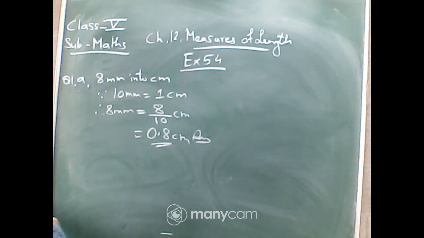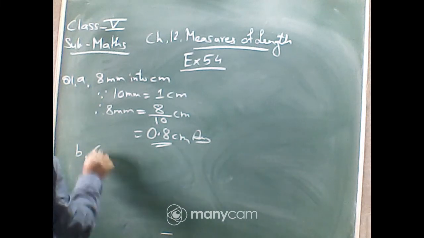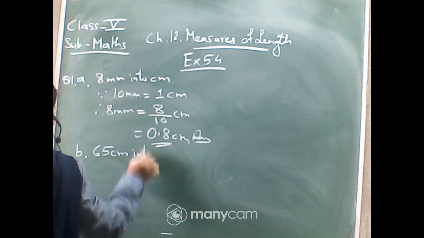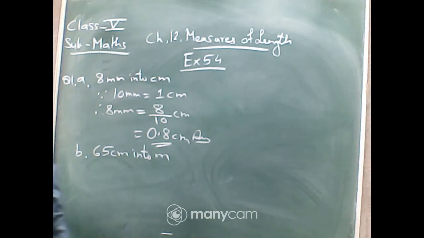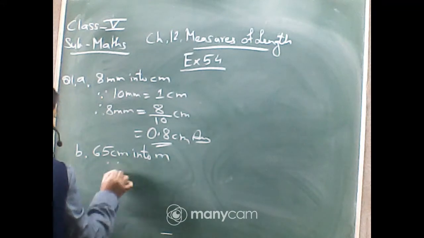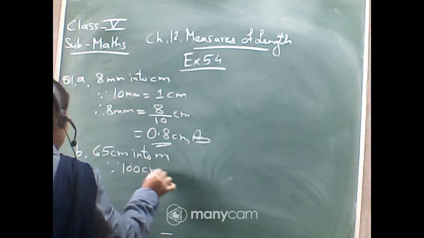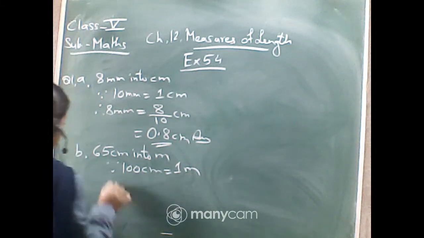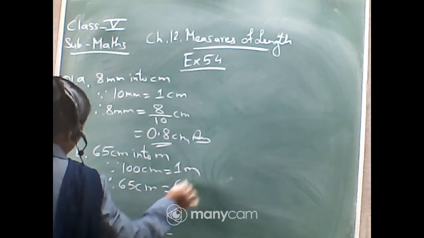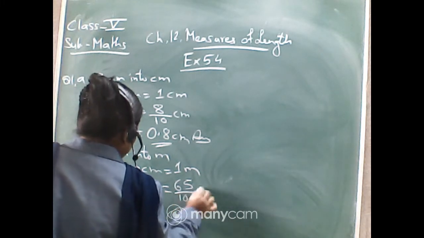Let us do number B. It is given 65 centimeter into meter. You have to convert 65 centimeter into meter. So we will write since 100 centimeter is equals to 1 meter, therefore 65 centimeter is equals to, you have to divide this 65 by 100 meter.